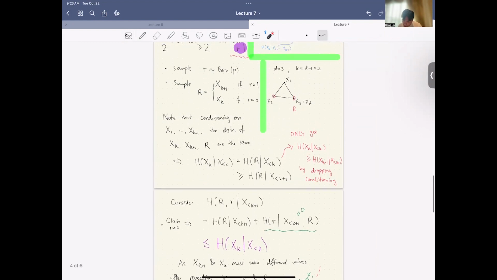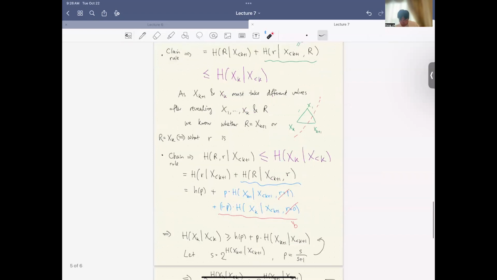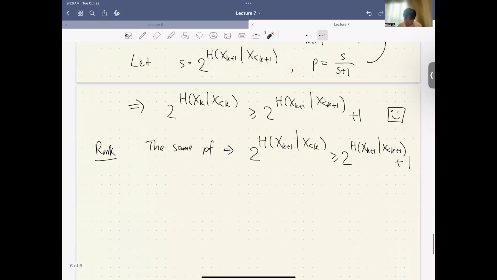And this term, if you look here, xk, sk plus 1, and r have the same conditional distribution, conditioning on all previous ones. So we can write this as xk plus 1 the whole time, and the rest is the same. So instead of xk, we can prove xk plus 1 here, but still conditioning on all less than k.